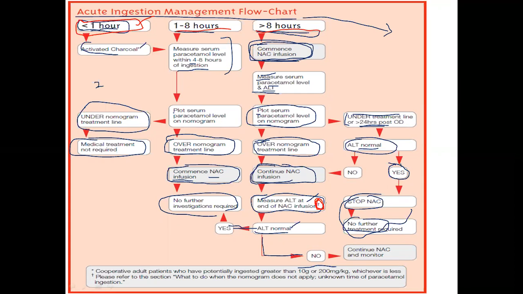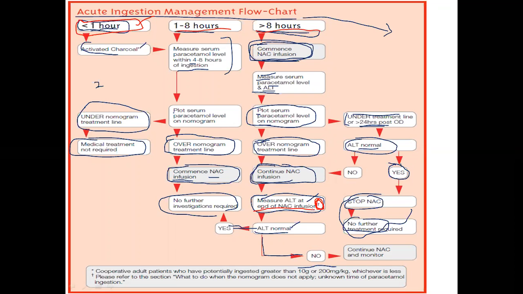For the patient who comes to the emergency room having taken a paracetamol overdose, but we don't know the time of ingestion, I will take the serum and check the paracetamol. If there is a detectable amount in the serum, I will start the NAC, and my treatment starts from here. I will finish the full NAC.